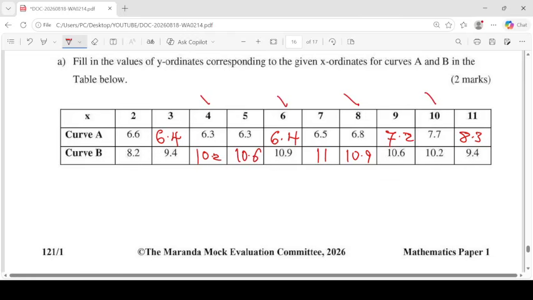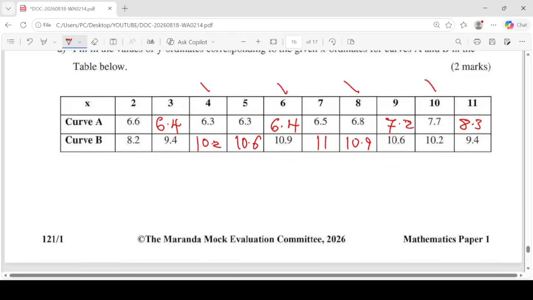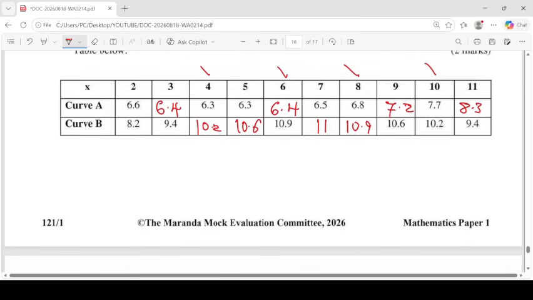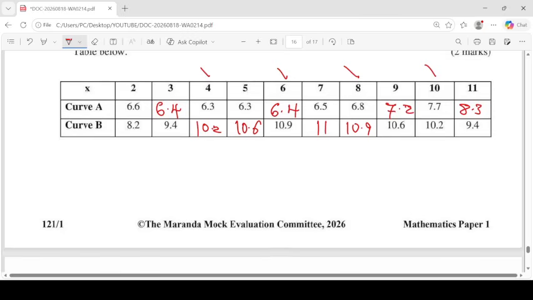So we are going to use x values 4, 6, 8 and 10.